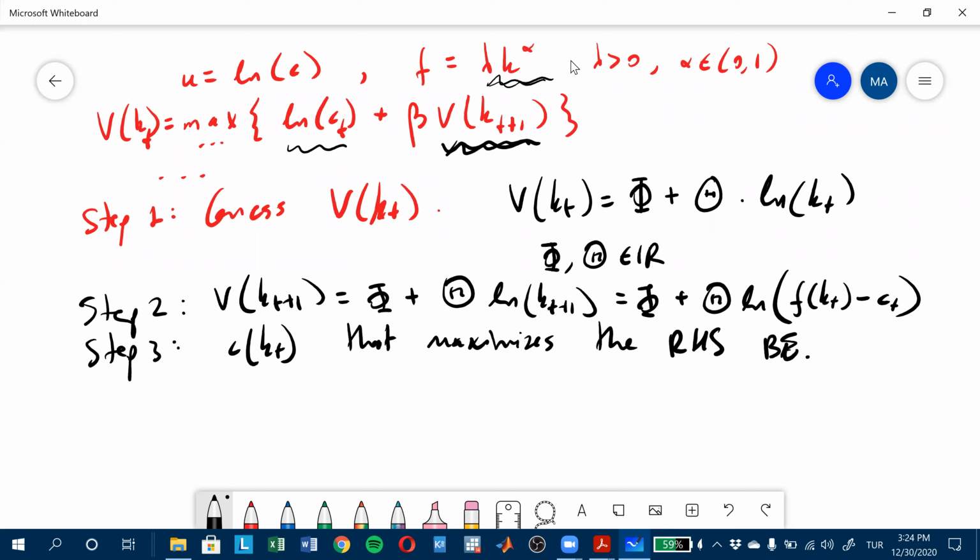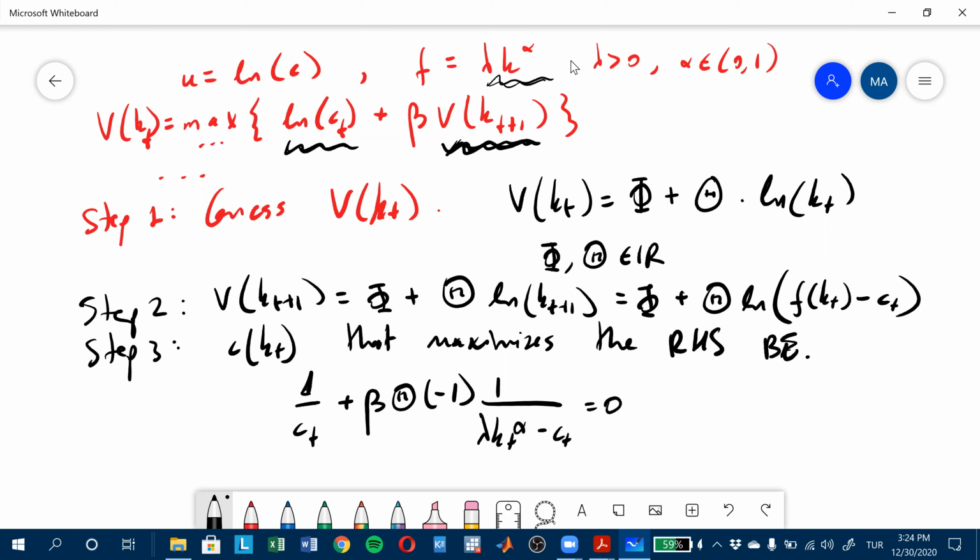I know this part already. This is basically, I assume, knowing that part, so I'm gonna just find it. If I do it, what do I find? I have 1 over C_t, plus beta theta times minus 1 divided by lambda K_t^alpha minus C_t, and this must be 0.